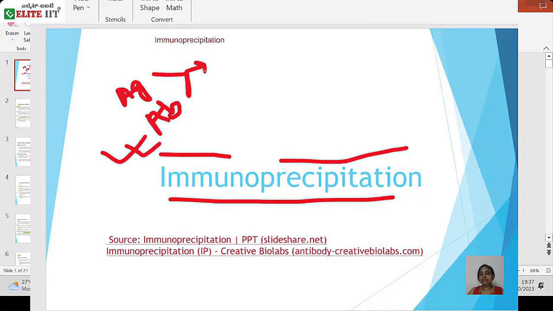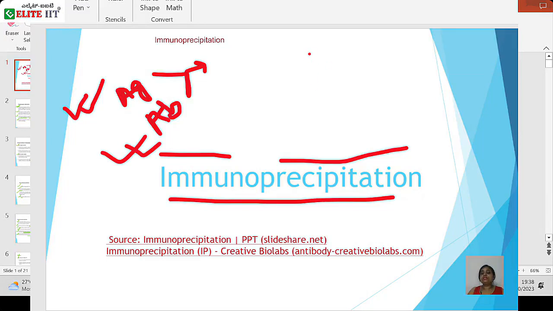In ELISA we have observed this, and in Western blotting also you use antigen-antibody interaction.